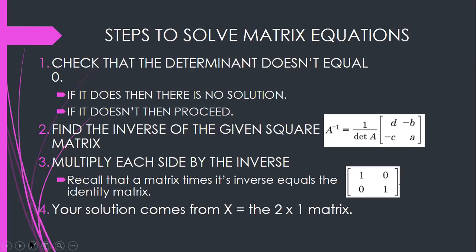And then recall that a matrix times its inverse is going to equal the identity matrix. So that means it goes away because everything will cancel out. And your solution comes from X equals the 2 by 1 matrix. So in the end, you'll end up with a 2 by 1 matrix as your solution.